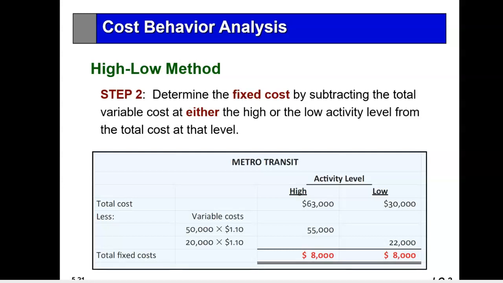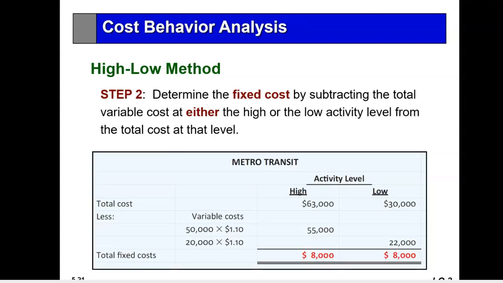And if it's fixed at the high, it's also fixed at the low. The low total cost, fixed and variable, was 30,000. The variable portion was the activity of 20,000 times $1.10, so the variable portion of the 30,000 is 22,000, and the difference is 8,000.